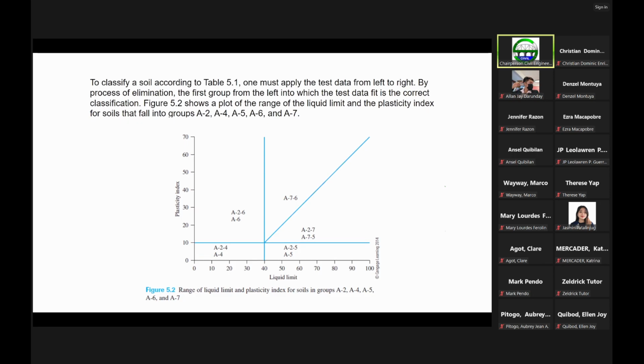So just to have a quick view of where these materials fall with respect to the plasticity index. You notice here that for the materials, it's based on a plasticity index of 10, so above 10 and below 10.